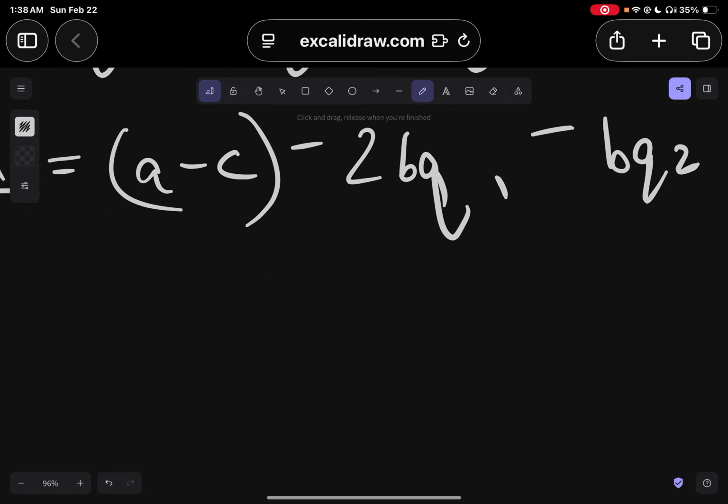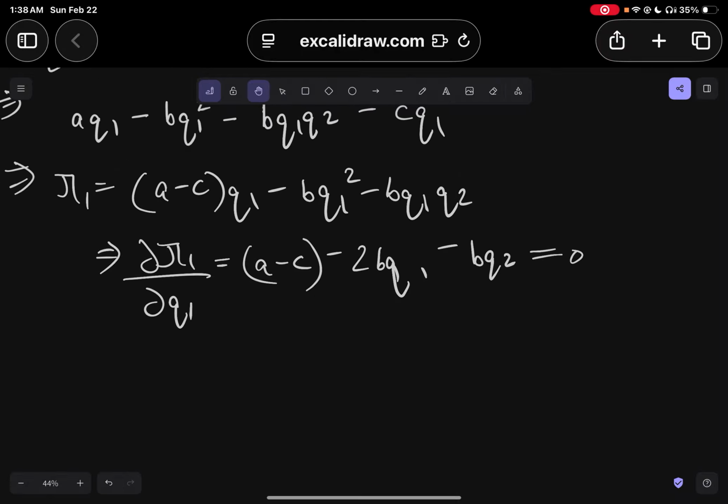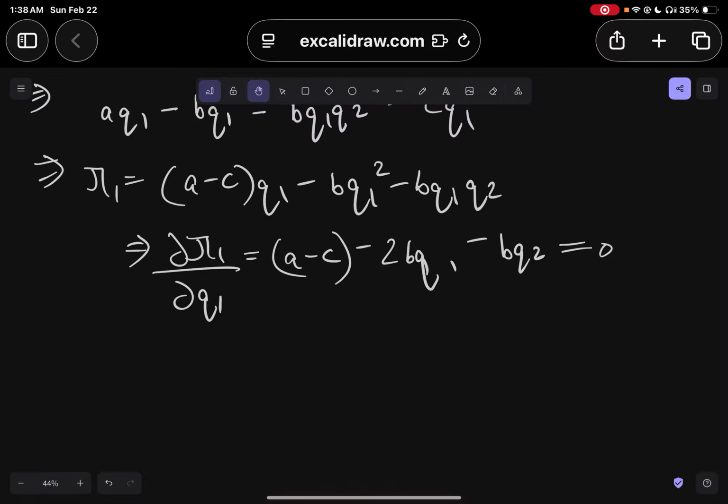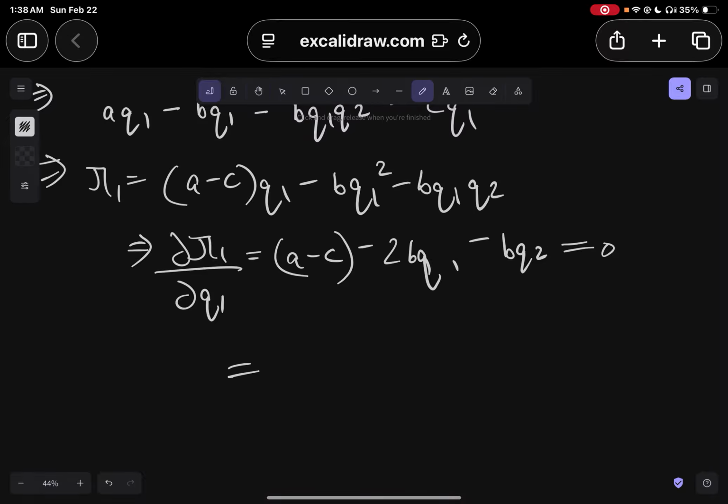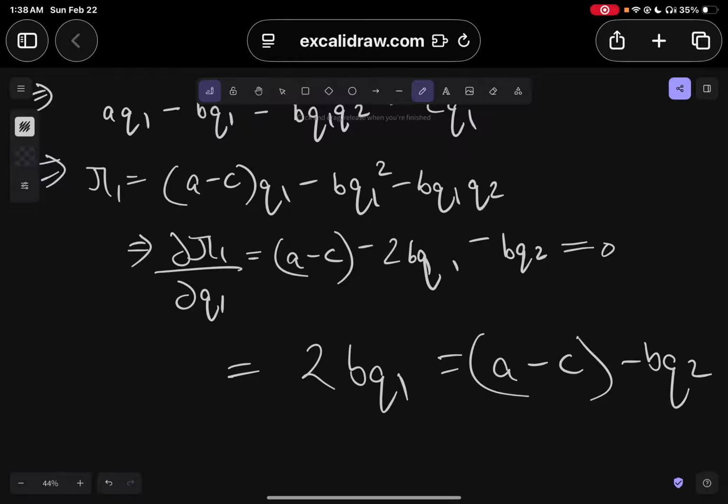Let me just do it like this. Now it's much better. Then we have 2bq1 equals a minus c minus bq2. I hope it makes sense because I just did a very simple thing. I took 2bq1 to the right hand side, and everything else stays as it is.